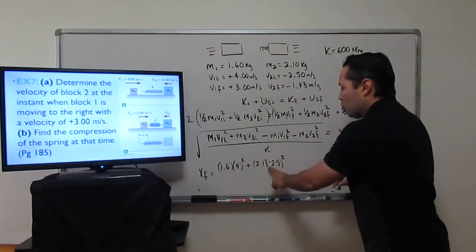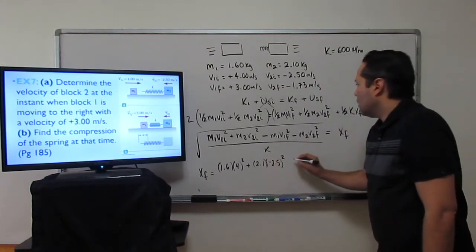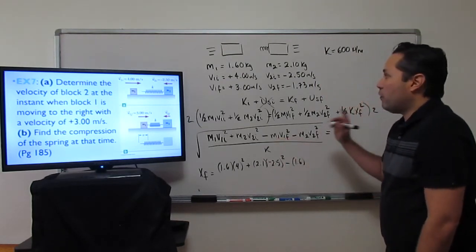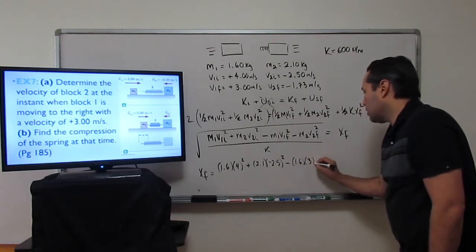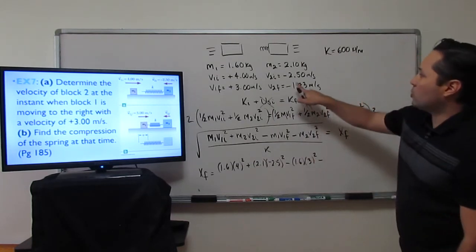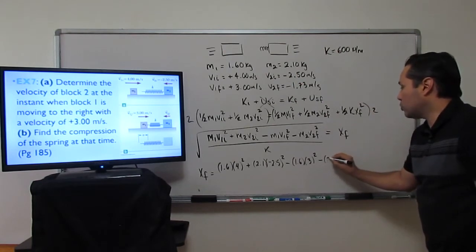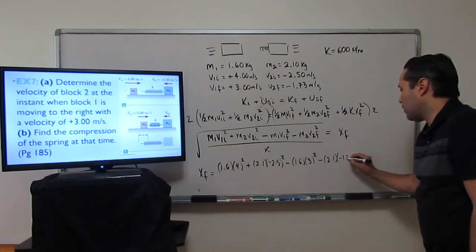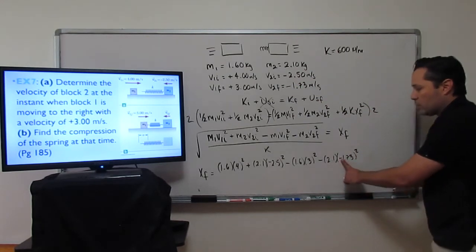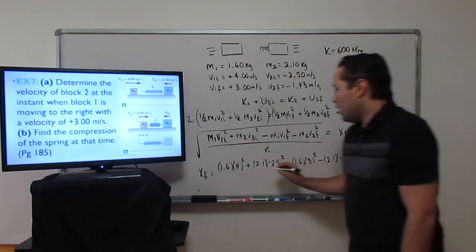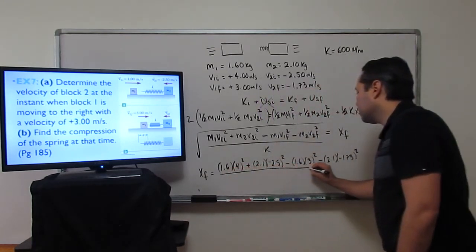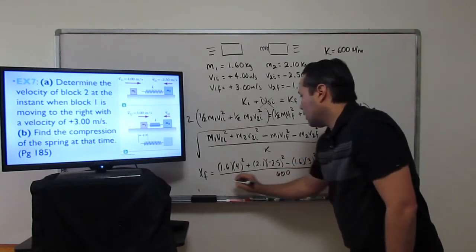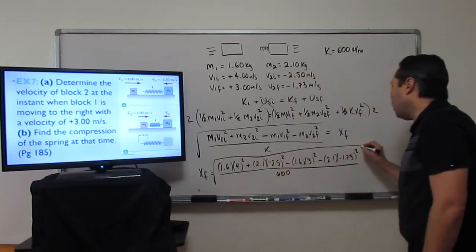Keep in mind that that gets squared, so it's going to get rid of that negative, minus m1 v1 final, which is 3 meters per second, squared, minus m2, which is 2.1, times v2, negative 1.73. Again, that is squared, so that takes care of that negative. And all of it is divided by the constant, which was given to us as 600, and we get the square root of all of it.